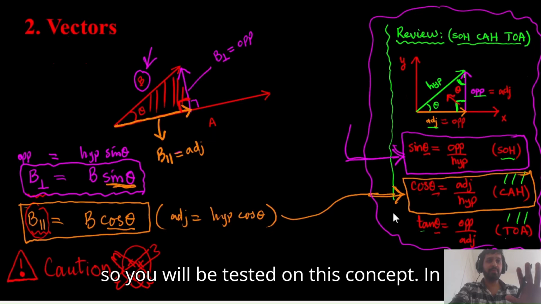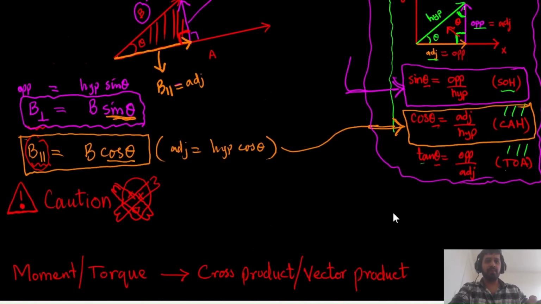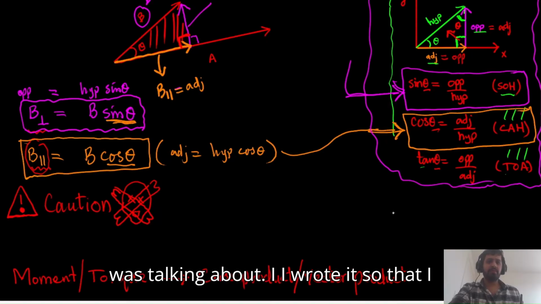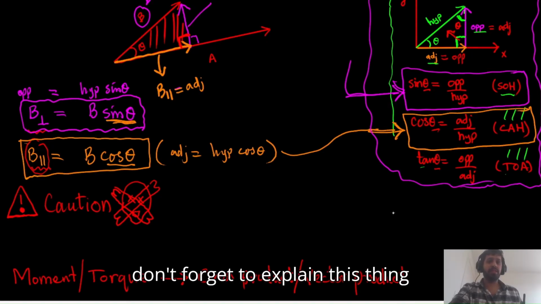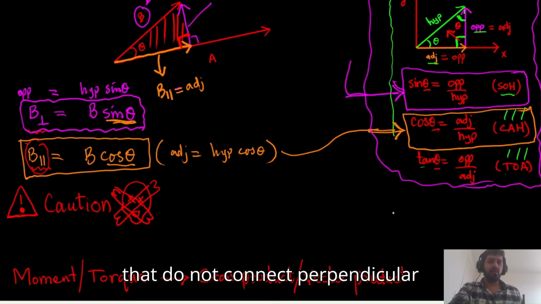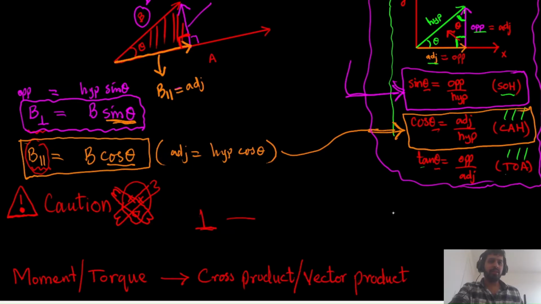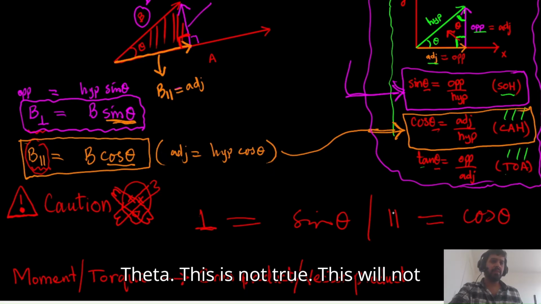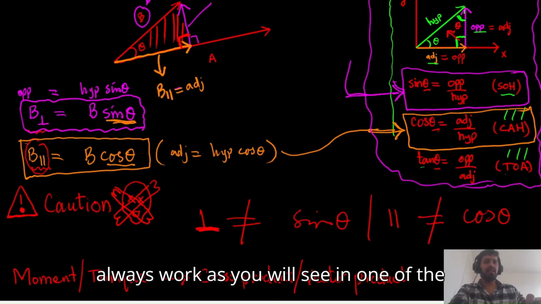Okay, so you will be tested on this concept in a moment. So this caution sign is the same thing I was talking about. I wrote it so that I don't forget to explain this thing, that do not connect perpendicular to sine theta and parallel component to cosine theta. This is not true. This will not always work, as you will see in one of the questions.